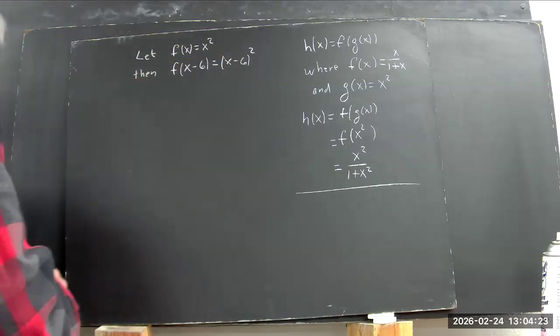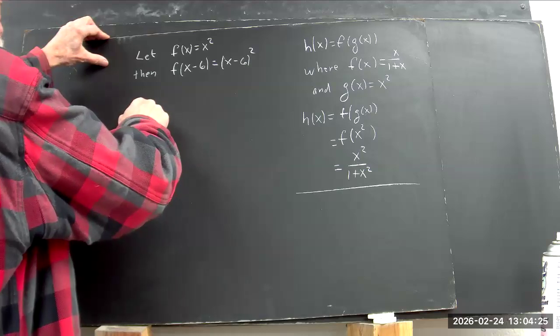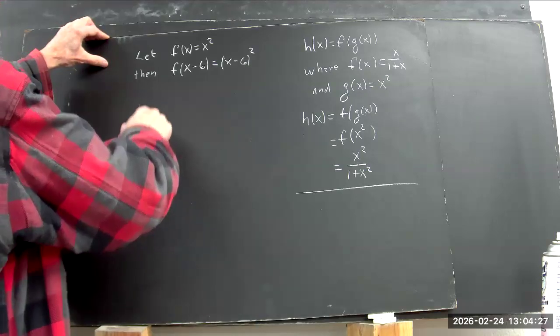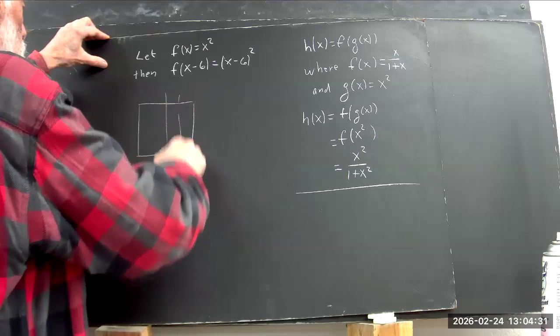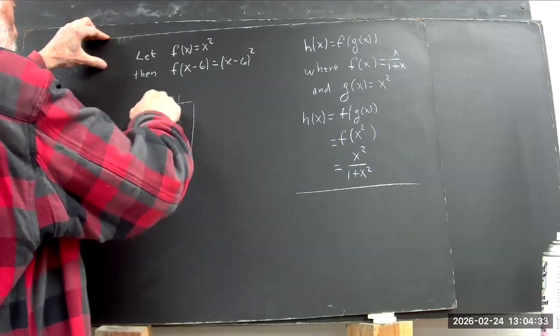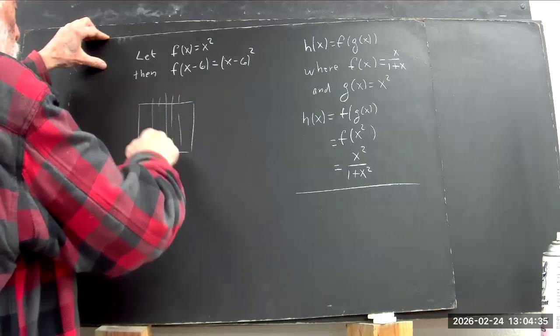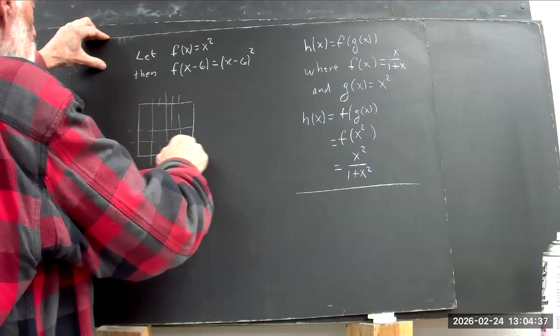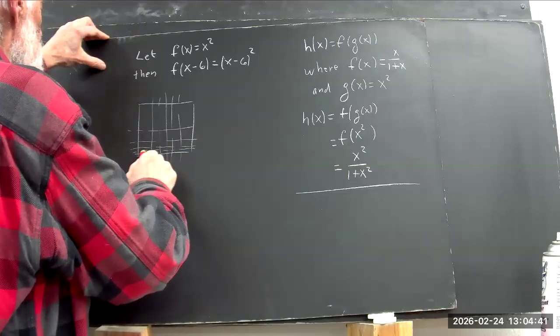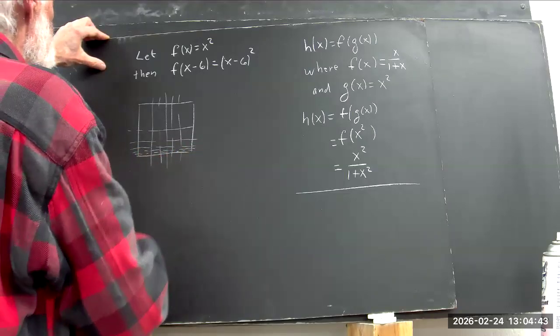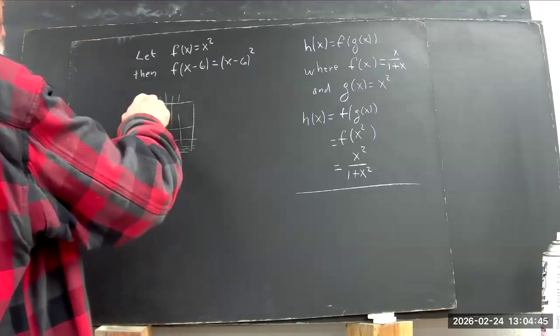Okay. Now we know the graph of f of x is fairly easy to construct. And I'm using a standard type 1 grid.